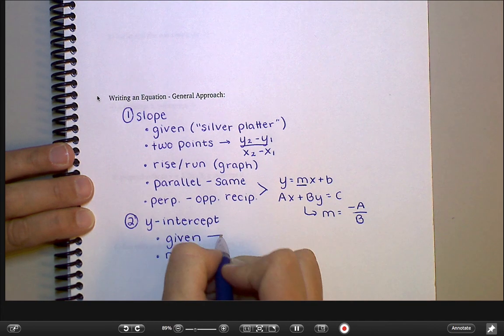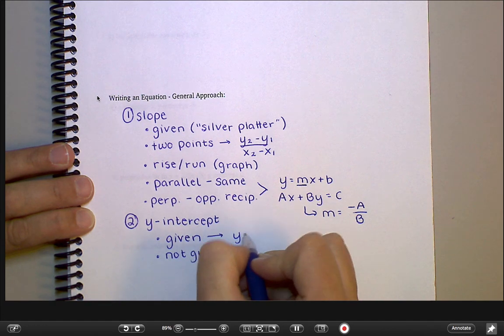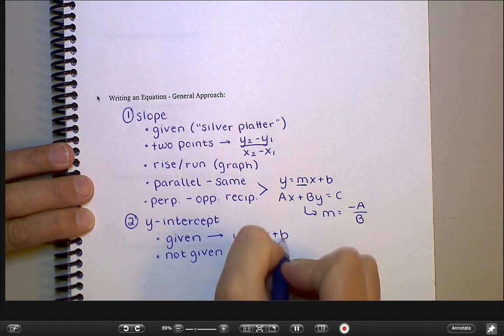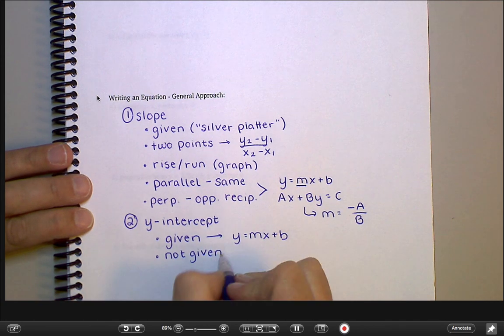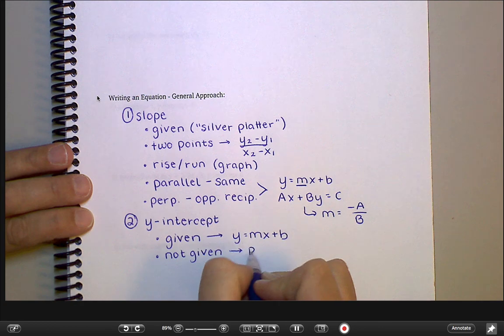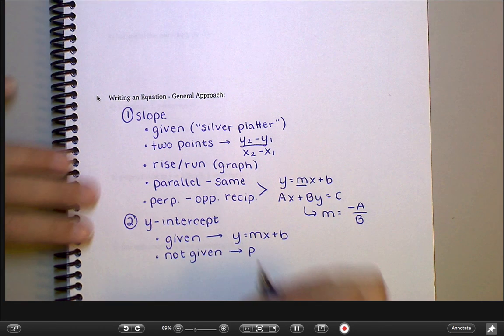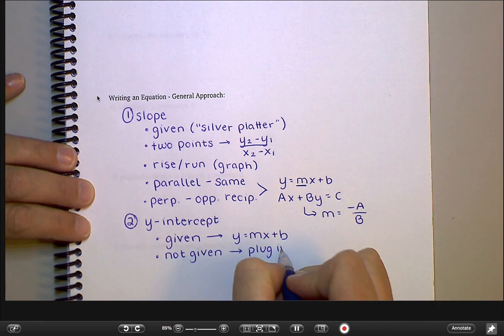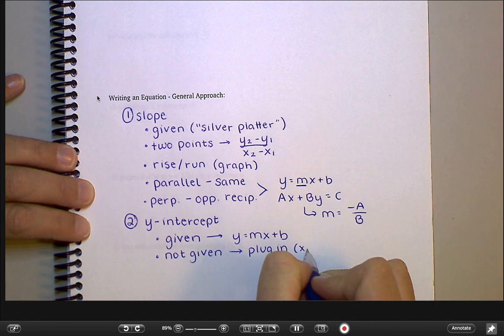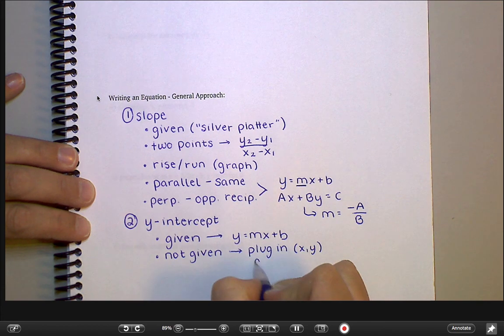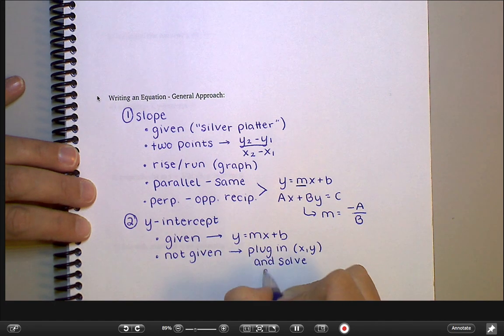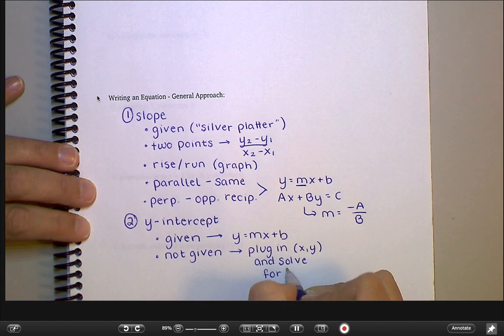If it's given, then you just jump straight to y equals mx plus b. If it's not given to you, that's when you're going to do what we talked about up on top in class: you're going to plug in some point and solve for b. Because by that point, you should have your slope from up above.